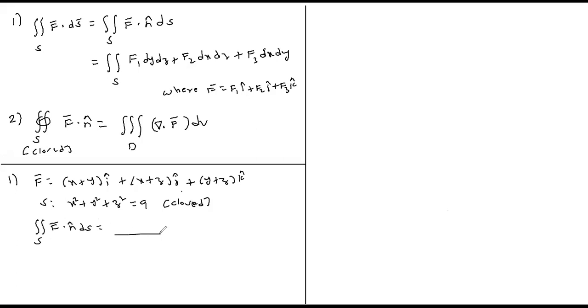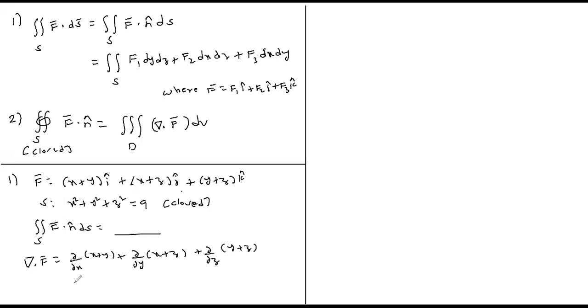Now because it is a closed surface, you can apply the Gauss divergence theorem. For that, you need to find the divergence. What is the divergence of f bar? Dou by dou x of the first component, that is x plus y, plus dou by dou y of the second component, that is x plus z, plus dou by dou z of the third component, that is y plus z.